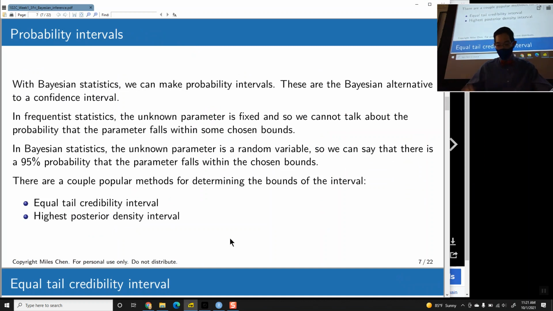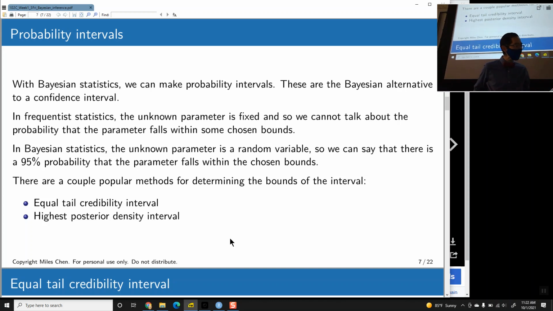All right, and so anyway, we've done this work here, and with Bayesian stats, after you get your posterior distribution, you can create a probability interval, okay? This would be the Bayesian equivalent or alternative to the confidence interval. Different from the confidence interval, where you weren't allowed to say there's a 95% probability that theta is between here and here.